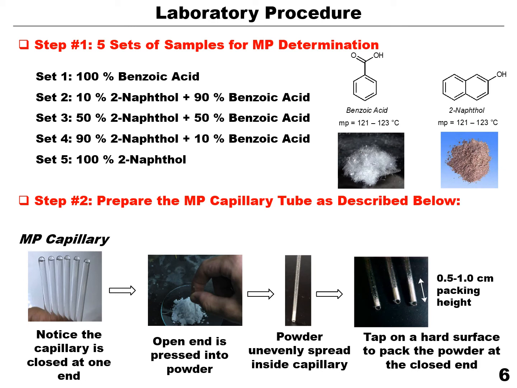What you should be careful about is that if you have too much sample in the capillary tube, the sample will encounter uneven heating, because the bottom tip of the capillary tube will heat first, and if the sample is packed too much, then it will take time and more temperature to heat all the sample all the way up to the top, which will give you a wide range.